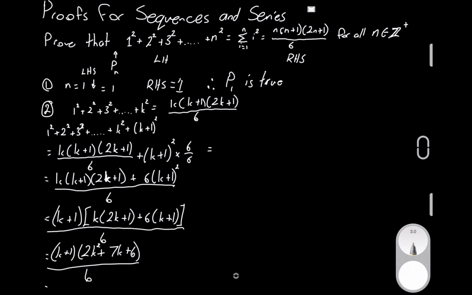So this 2k squared plus 7k plus 6 can be factorized down, and we can split it into smaller common factors. If you're not sure on how to factorize this, you could use the AC method.